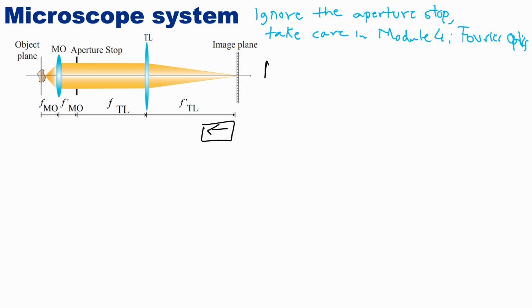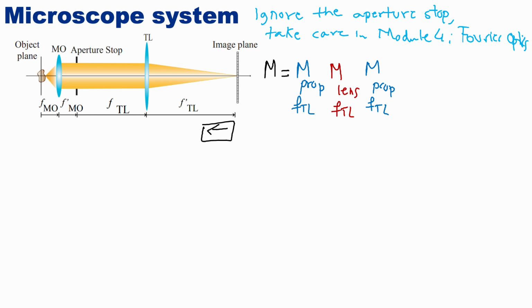So we're going to build our system M, and what we have is a propagation from the image plane to the tube lens, a propagation of FTL. Then we're going to meet a lens with focal length FTL, and then another propagation of FTL. That propagation is from the tube lens to the aperture stop.